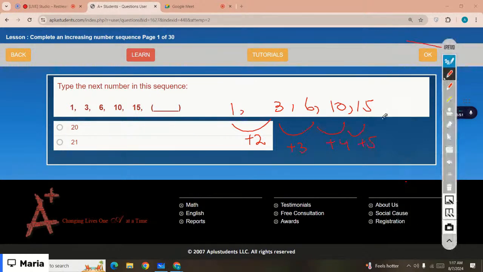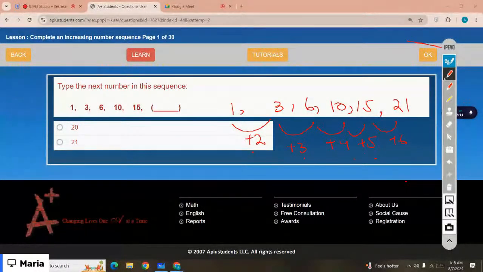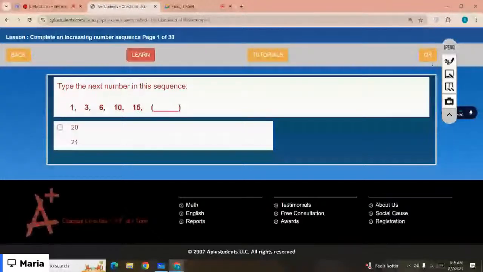So for the next number you need to add 6. 15 plus 6 is 21. Got it? The next number in the sequence is 21. Option number 2 is the correct option.